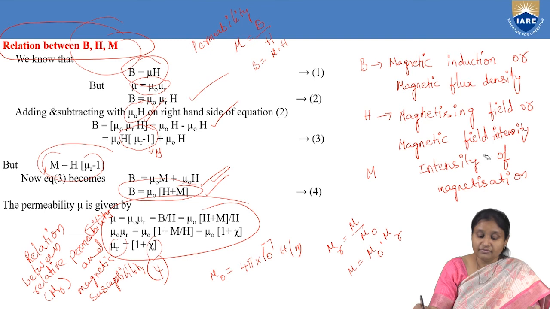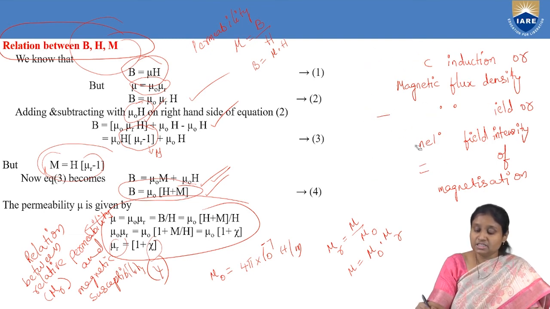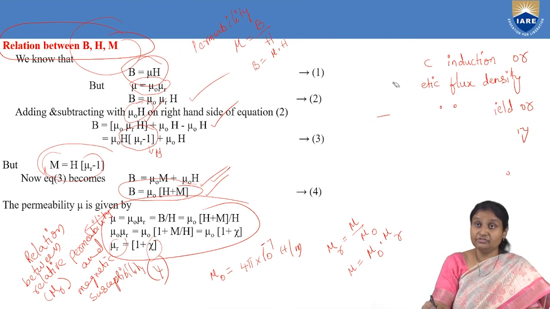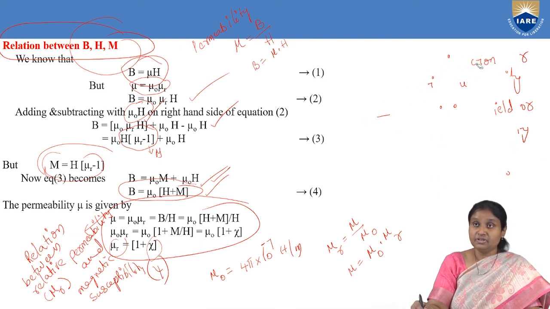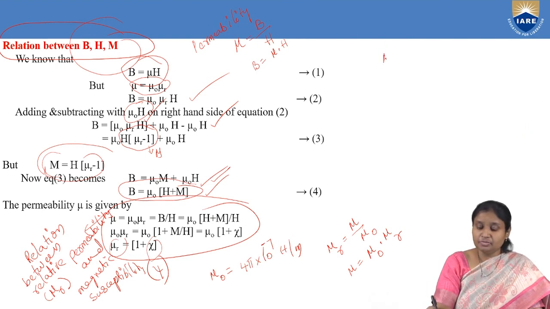For that, I am making use of the relation which we just got between magnetic induction, magnetizing field and magnetic field intensity. First, again I'll take the formula for relative permeability.